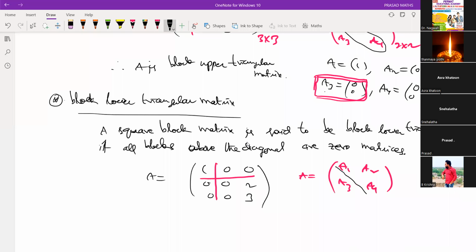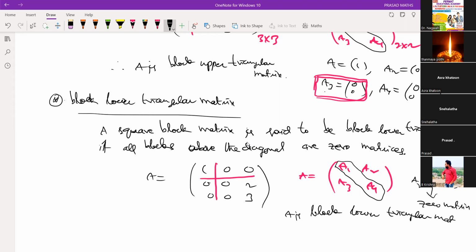So look at the diagonal. What is above the diagonal here? A2. A2 is above the diagonal, and it is a zero matrix. Therefore it satisfies all conditions. Therefore A is a block lower triangular matrix.